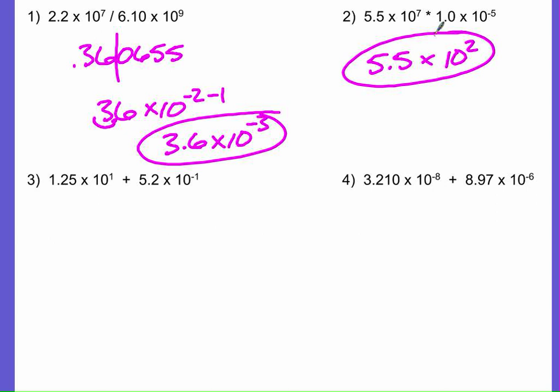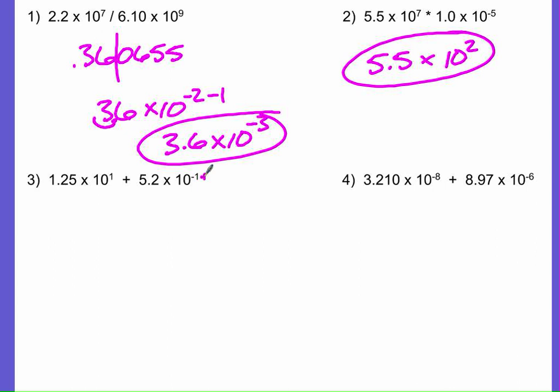Number 3, I need to add these two numbers, but before I can add, I have to have the same exponent. Just like I would have to have the same unit if I was adding two different measurements. So I have 10 to the first power and 10 to the negative first power. Remember that I'm always going to want to try and change the smaller one to make it bigger.